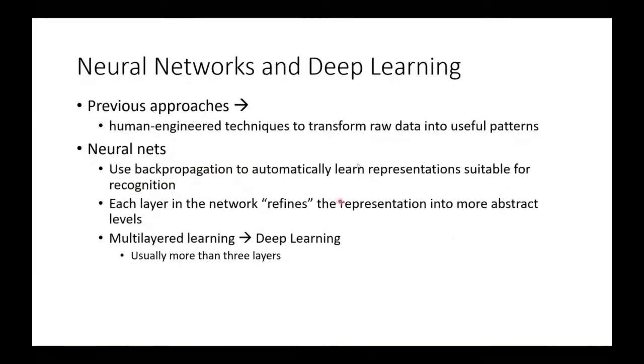Up till now, in the approaches that we've seen, we use human-engineered techniques to transform the raw data into useful patterns. So the features were given to the pattern recognition system. Whereas neural networks use an algorithm called backpropagation to automatically learn representations that are suitable for recognition.